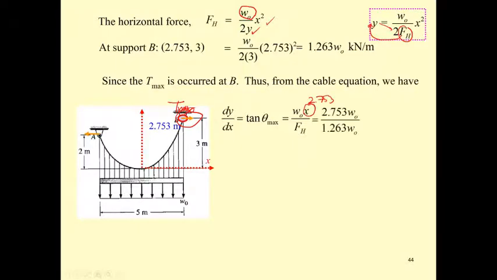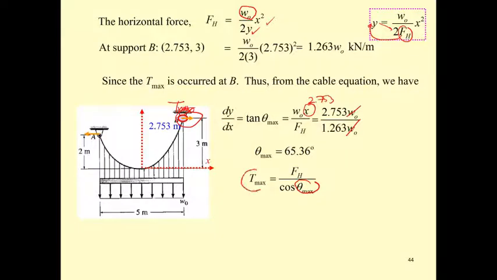Then we have this 2.75 times w divided by F sub H, and when you cut this and this, you can get the number, and you get theta max at 65.36 degrees.